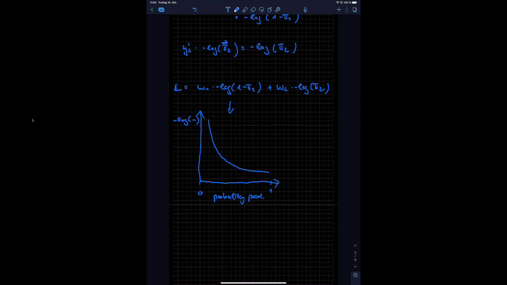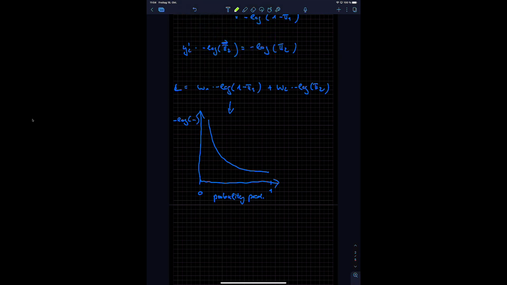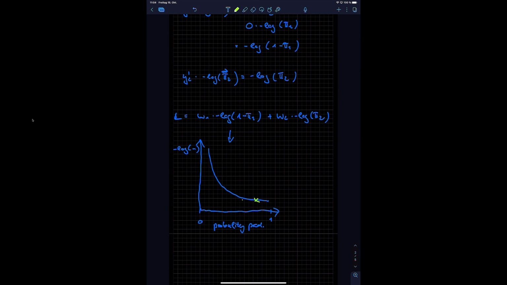And so this means if our probability prediction for the actual category, so here for the male person, that's outputted by the model is already really high. So for instance, assume for the first observation we would generate a probability prediction that this is a male person, which is 0.9. So we would end up here.